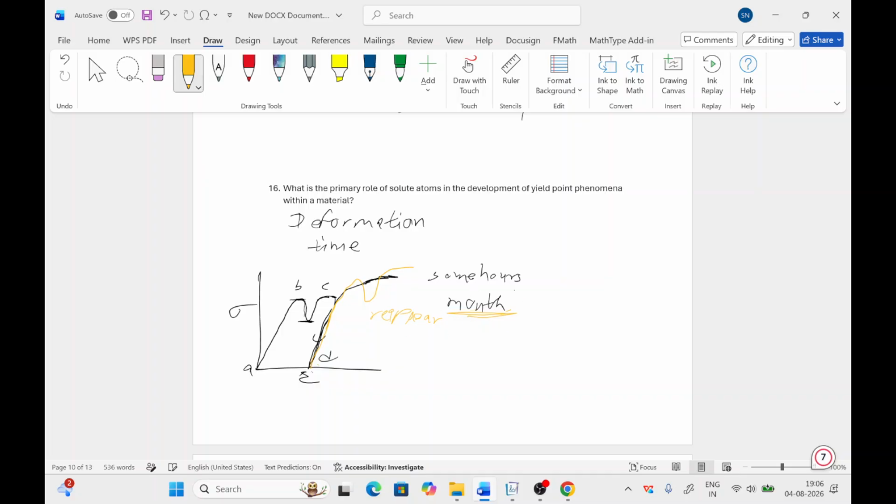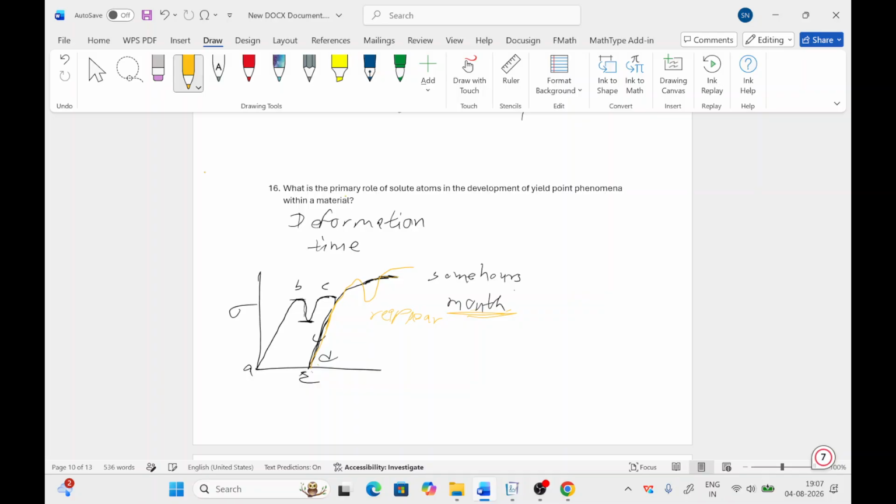Okay, so what is the primary role of solute atoms in this behavior? If we deform the material and keep it for some hours and again reload it, the diffusing solute atoms won't have time to go again to the dislocation core and impede the dislocation motion. So the yield point will not appear.